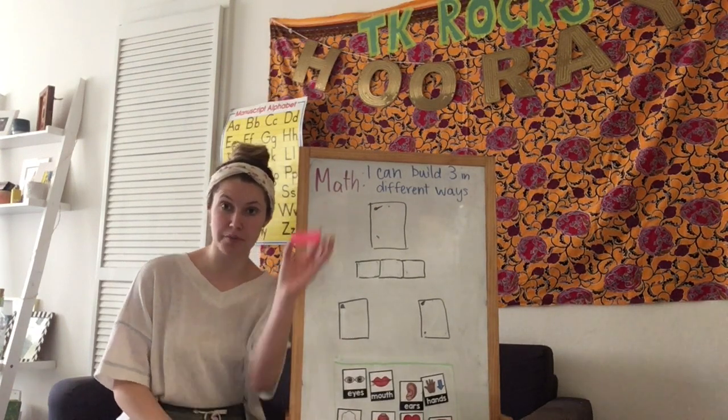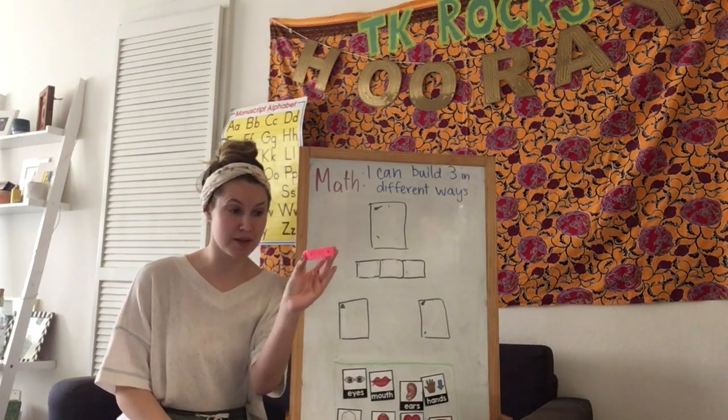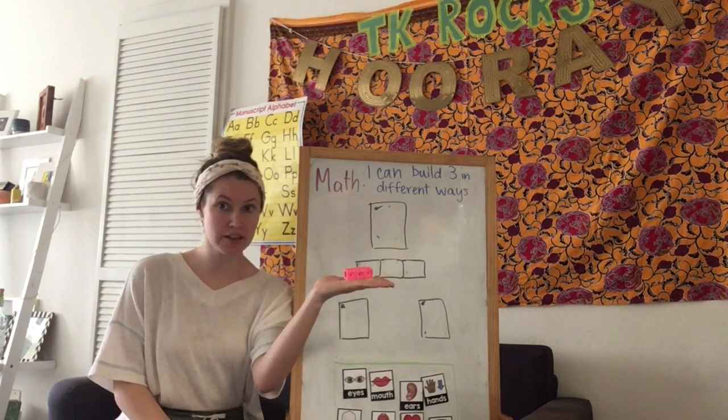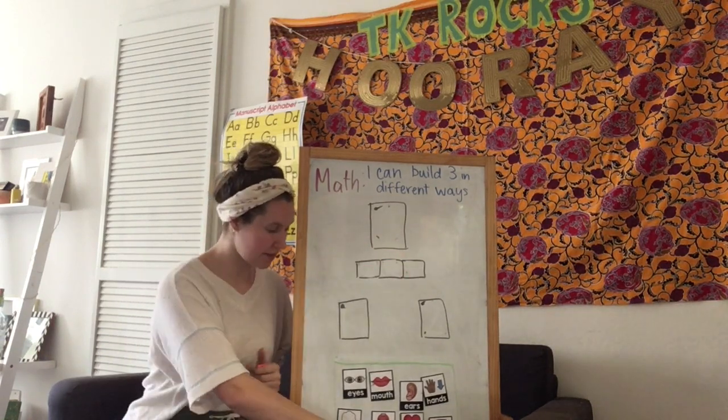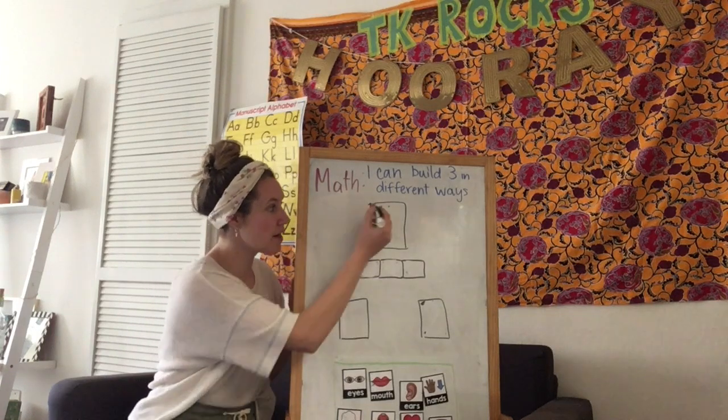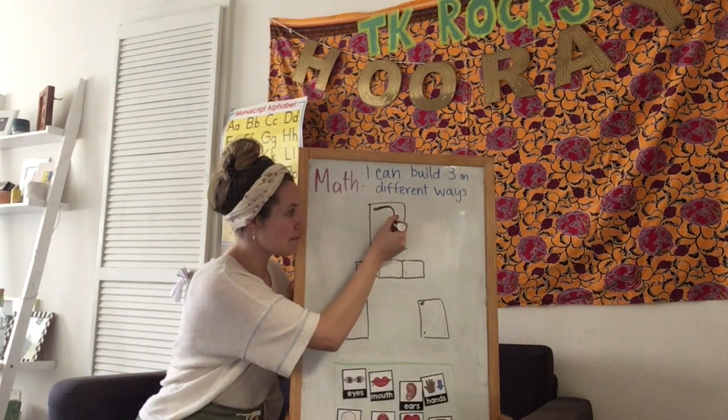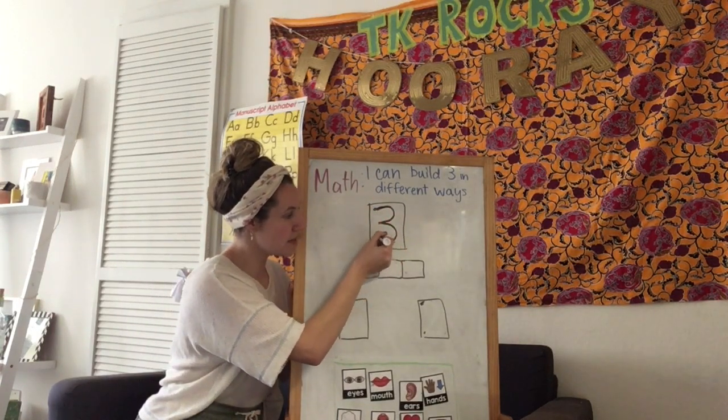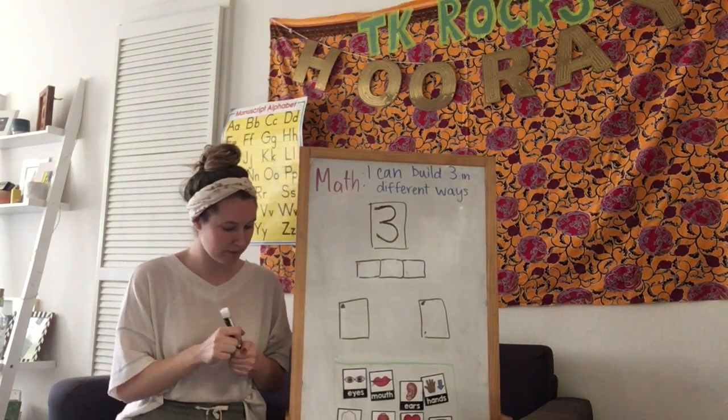I grabbed 3 cubes. Remember, we're building number 3. So how many cubes do I have? 3, because that's the number we're building. So up at the top here, I'm gonna write 3. Backwards C, backwards C. That is how you make a 3.